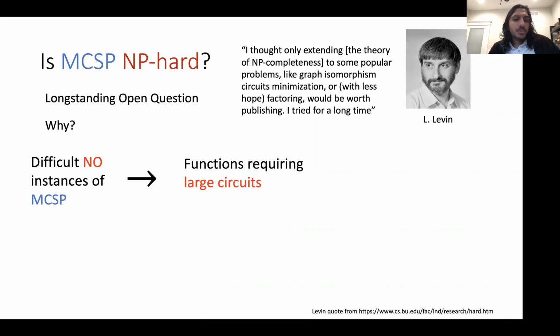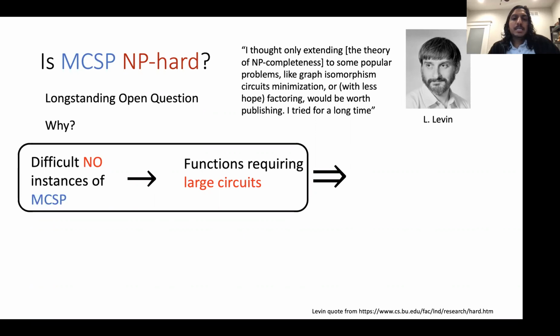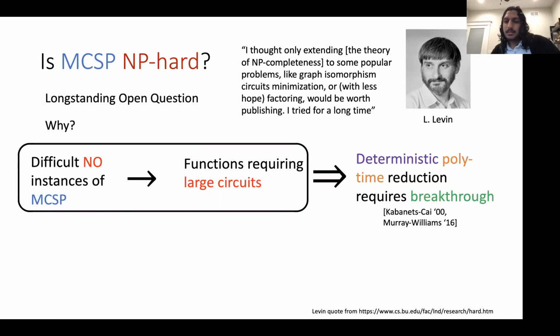The difficulty with that is we don't really know functions requiring large circuits. We don't know how to come up with them. And what that means, in a sense that you can make formal, is that coming up with a deterministic polynomial time reduction requires a breakthrough.